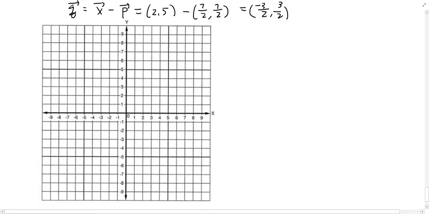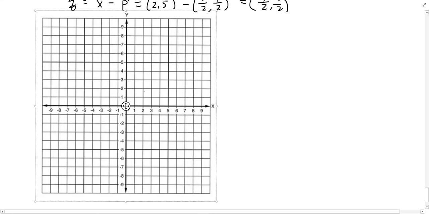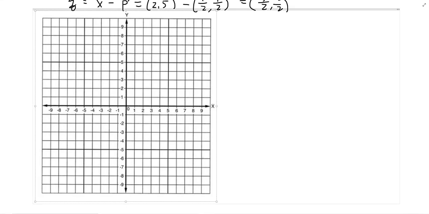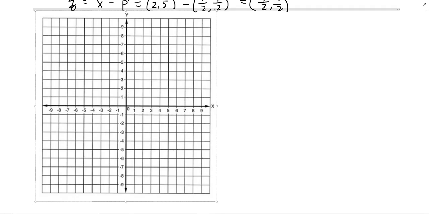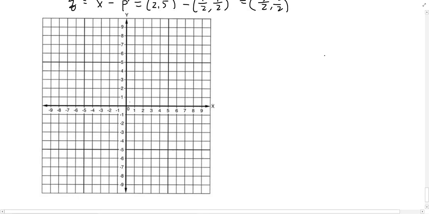Here's my vector (2, 5). Let me try to use this. Maybe that didn't look too good. Maybe I just draw it again.